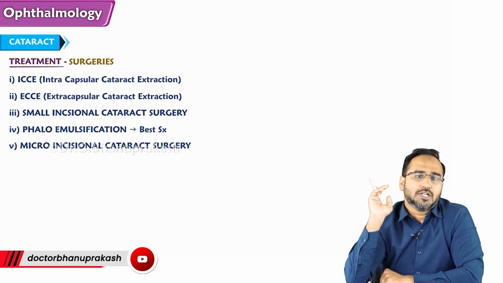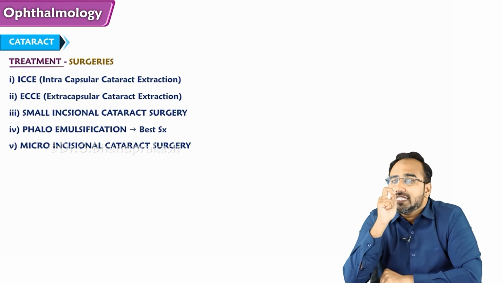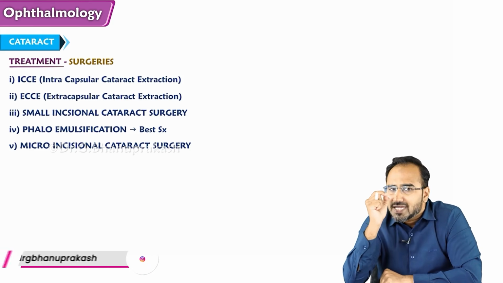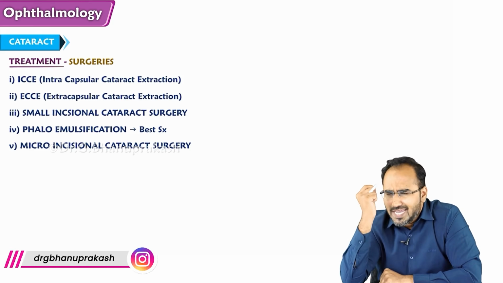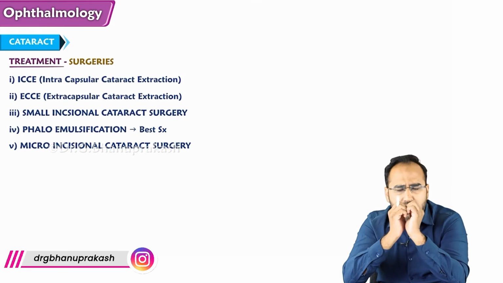Then we place the intraocular lens, right? So remember, guys, ECCE meaning what? Extracapsular cataract extraction. An 8 mm incision is given on the sclerocorneal junction or at the limbus.